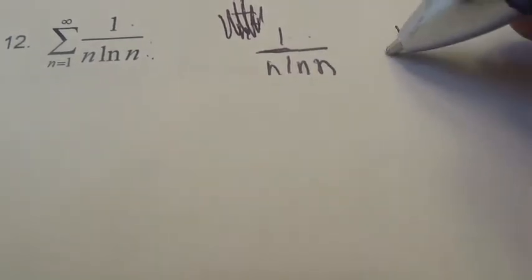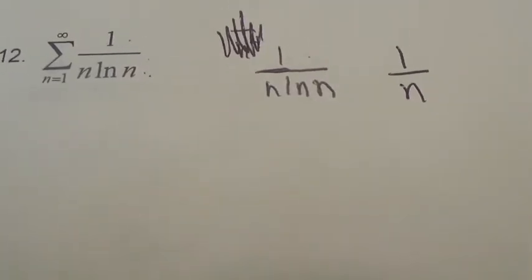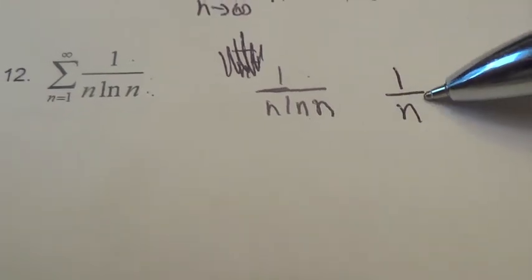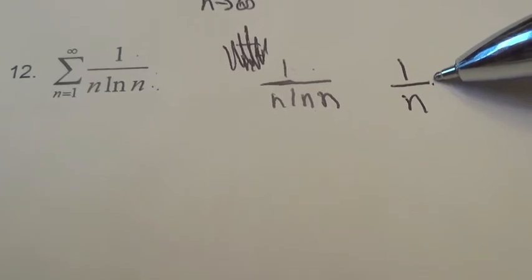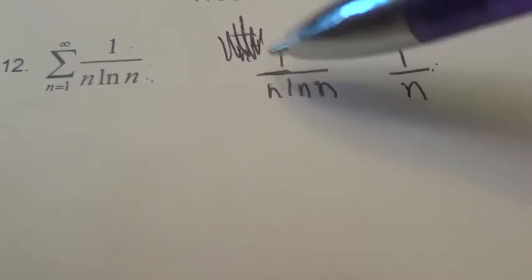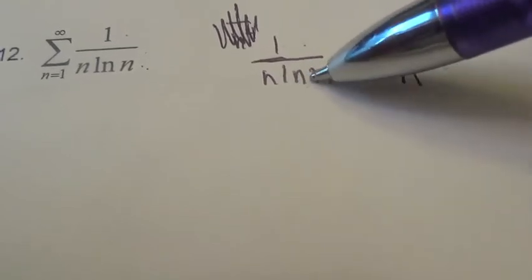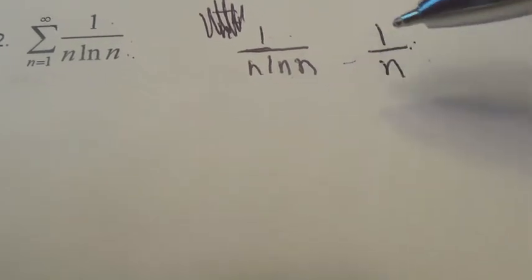The way we can do that is to get rid of the ln of n and rewrite that function as 1 over n. The reason this is a good function to compare it to is that you know this series diverges. So if we can show that this series is greater than this series, then we would know that our series diverges. Okay? So that's our hope.